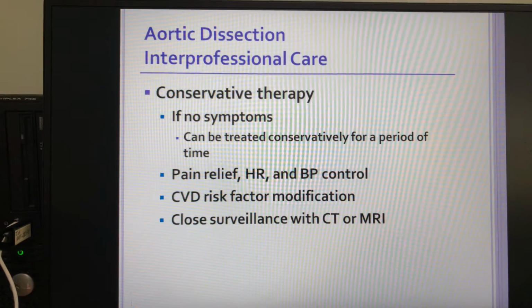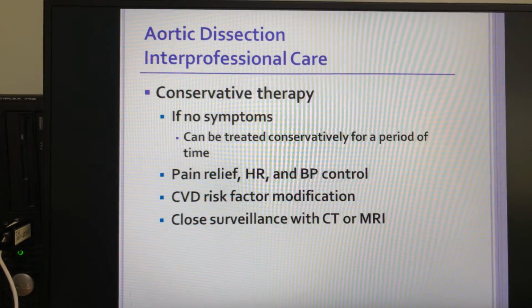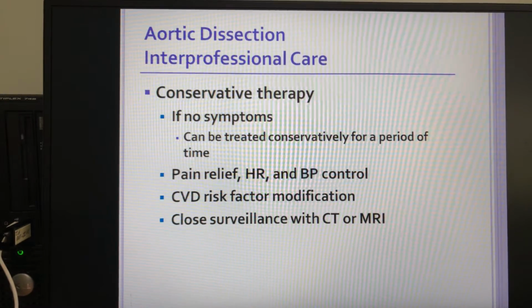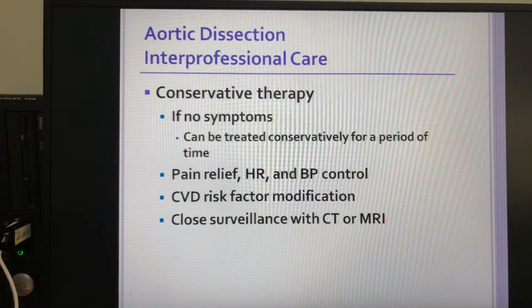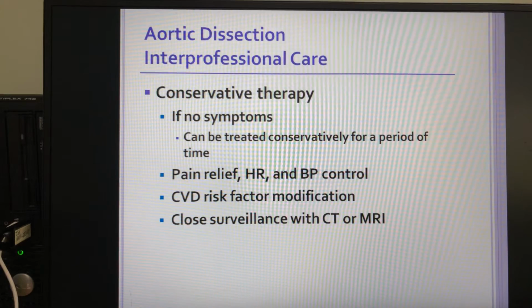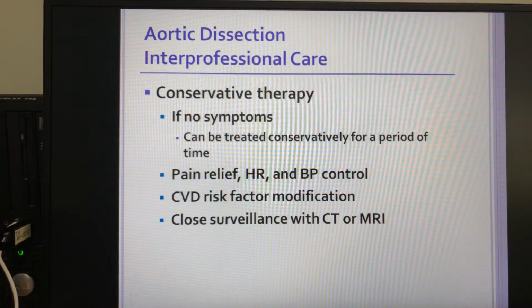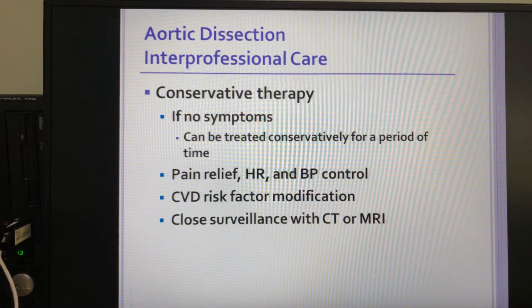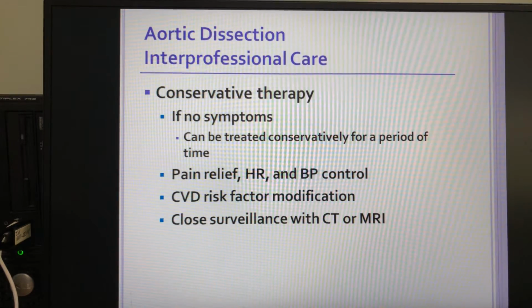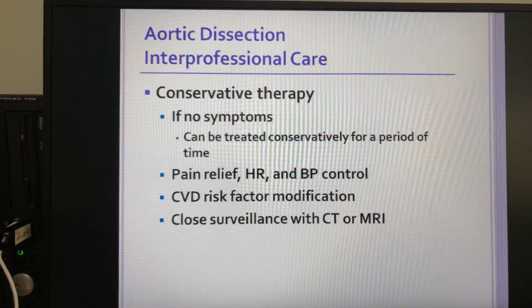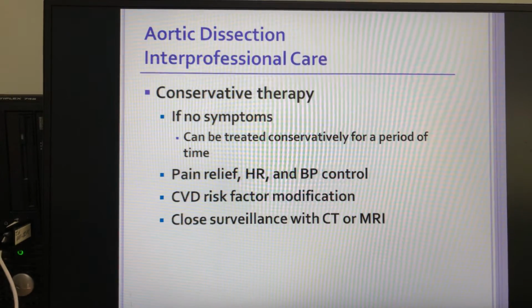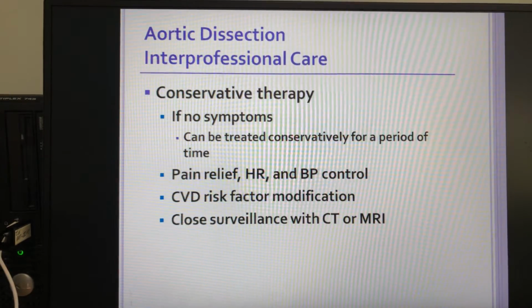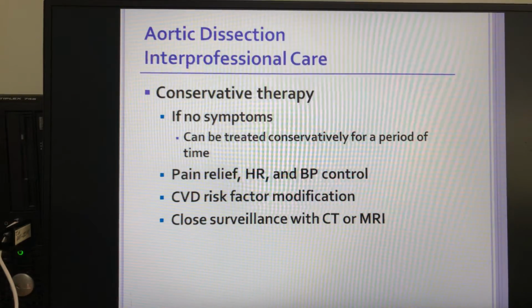As far as conservative therapy, the patient with the acute or chronic type B aortic dissection without complications can be treated conservatively. So in that conservative therapy, if no symptoms, again, they can be treated for a period of time using these conservative methods.